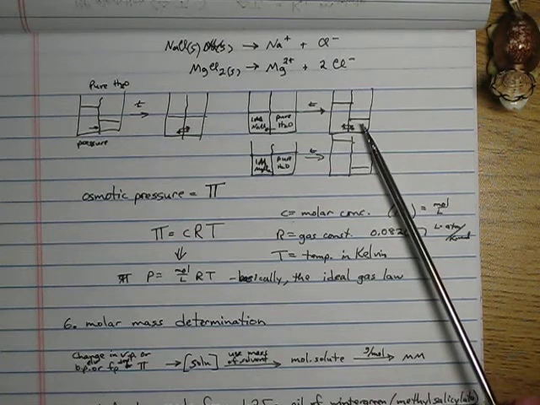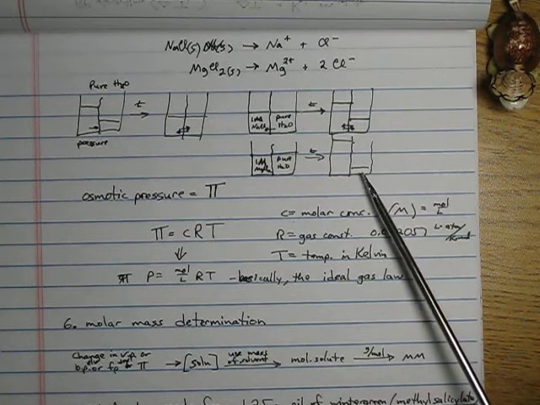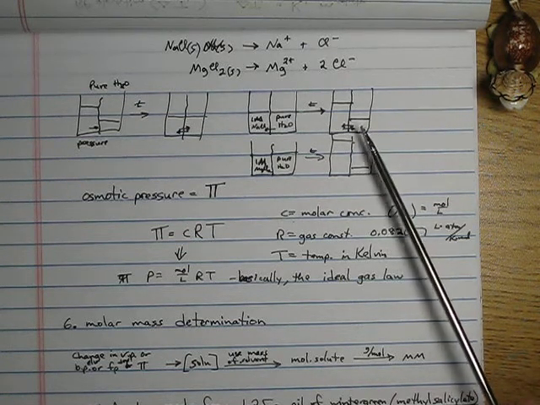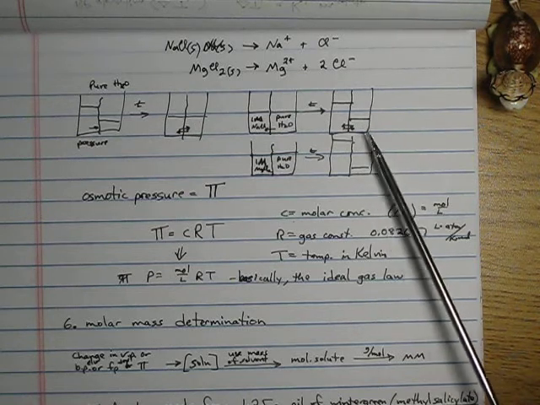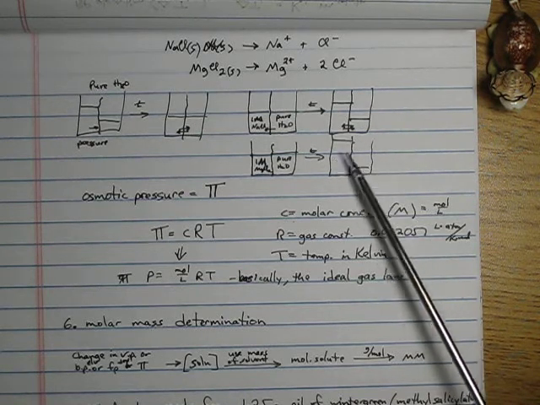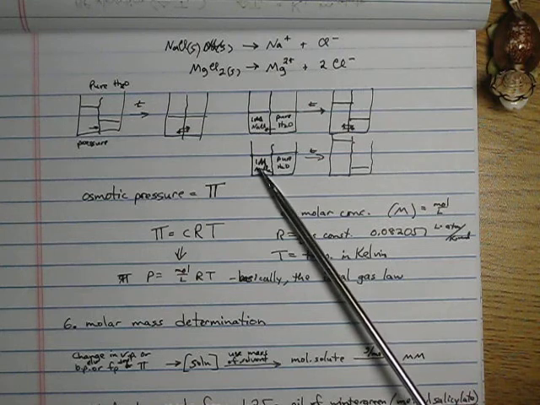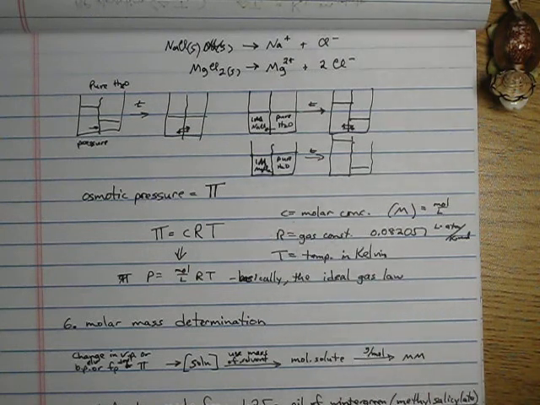The pure water level on the right side will be even lower than with the sodium chloride solution, because this was a much more concentrated solution to start with. Therefore, more water has to go in there to try to dilute that.